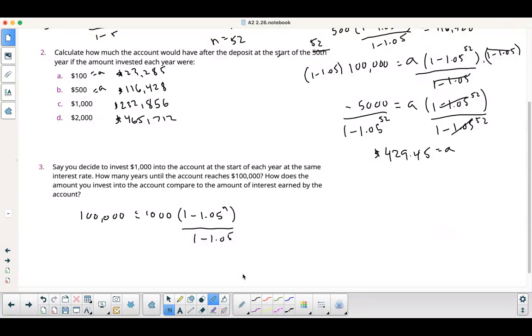How many years until the account reaches 100,000? So I got to kind of do a little algebra here.